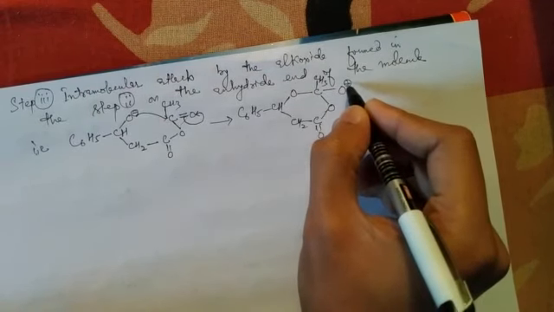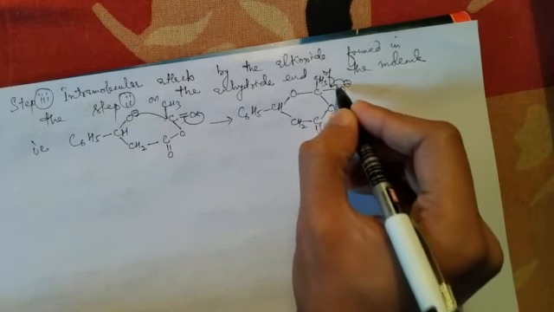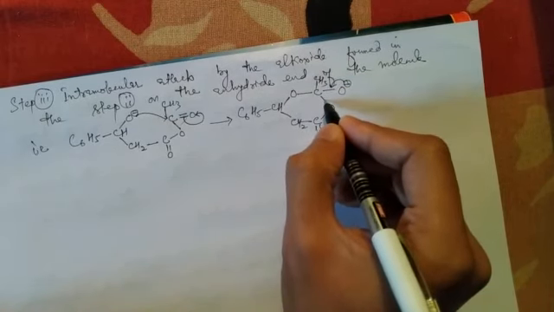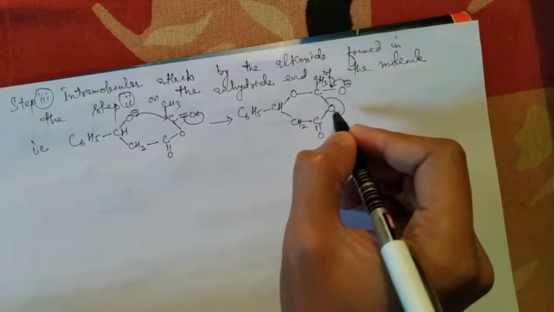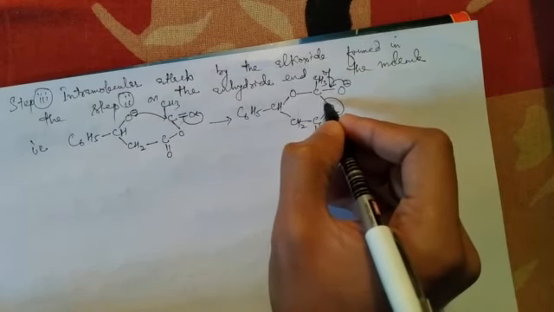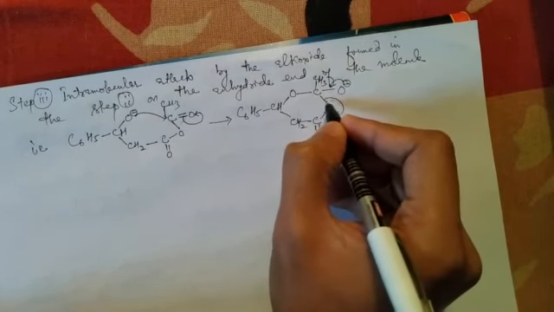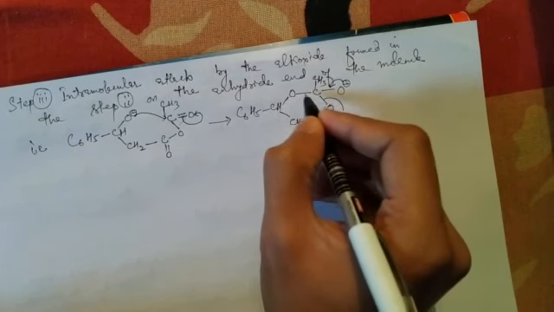Now this negative charge present on this carbon can shift over here, and as a result this electron pair shifts onto this carbon. Now a question may arise in your mind: why only this bond between carbon and oxygen goes onto this oxygen, and why not this?